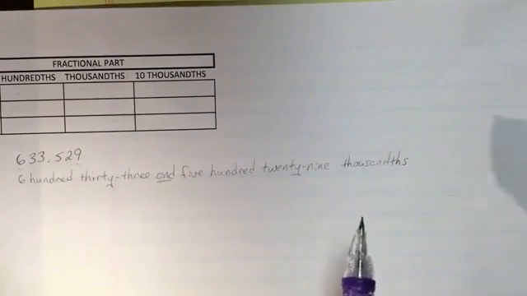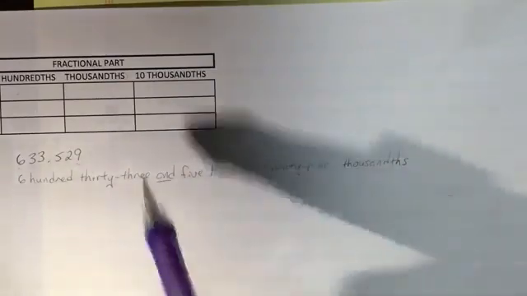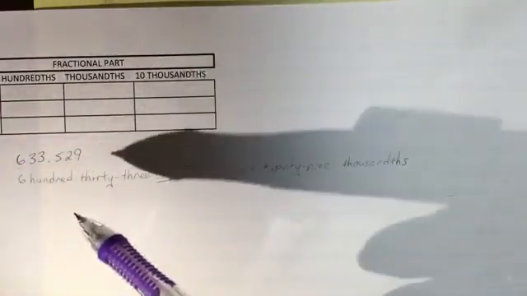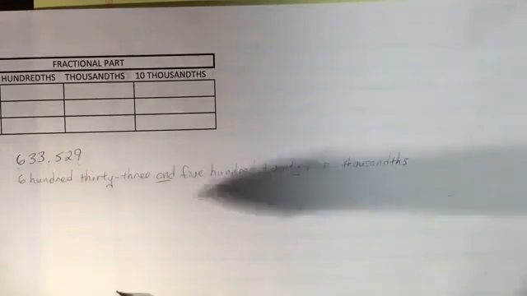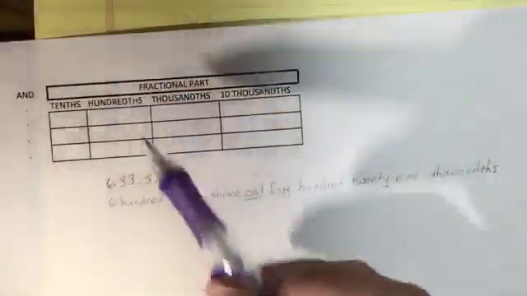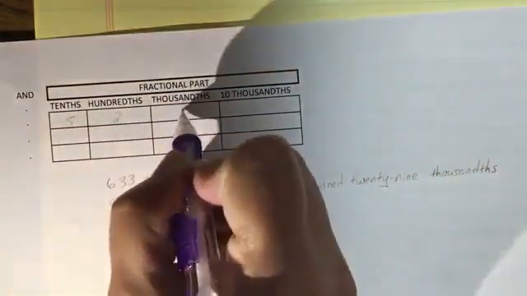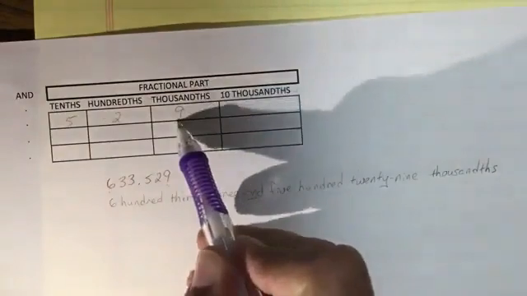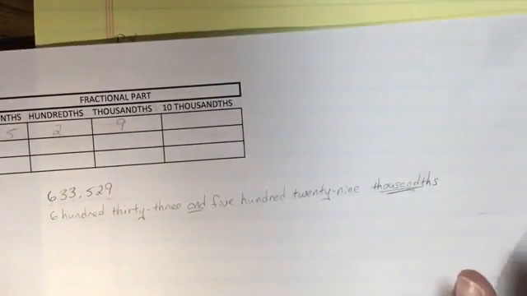Once it becomes decimalized, all these end, if you notice, in TH. Tenths, hundredths, thousandths, 10,000ths, 100,000ths. And if I was to fill in the blocks, it's where the 9 lands that tells me what the final word is.